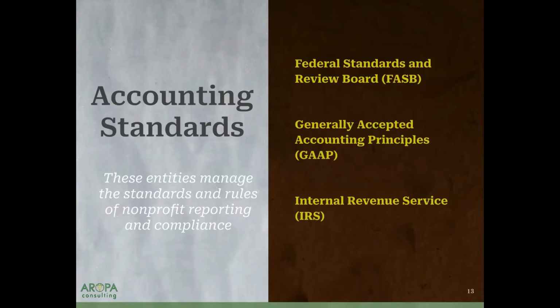So if you ever hear someone talk about, "Oh, is this GAAP or not GAAP?" they're not talking about minding the gap, from the British subway, but rather generally accepted accounting principles. There's an independent organization called the Financial Accounting Standards Board. That's FASB.